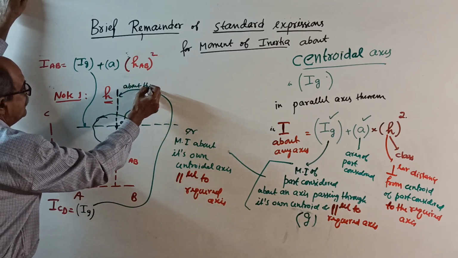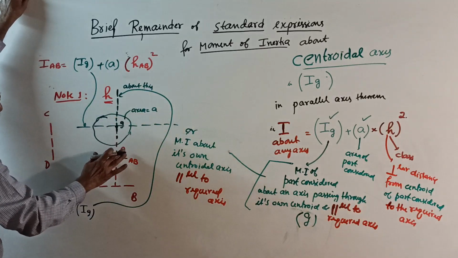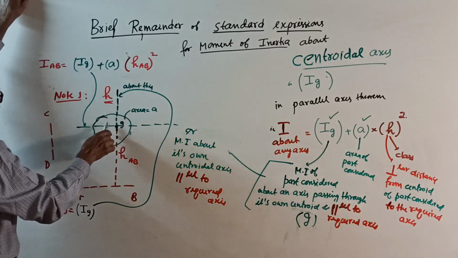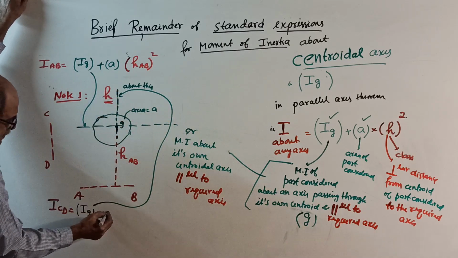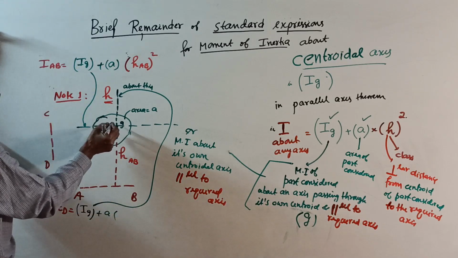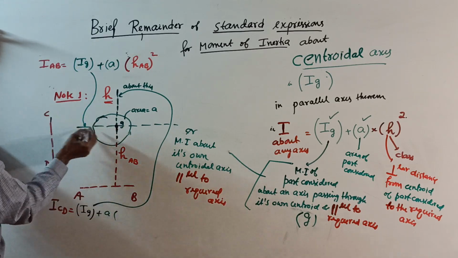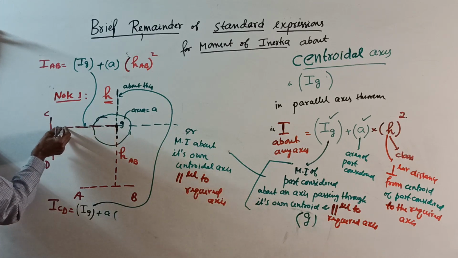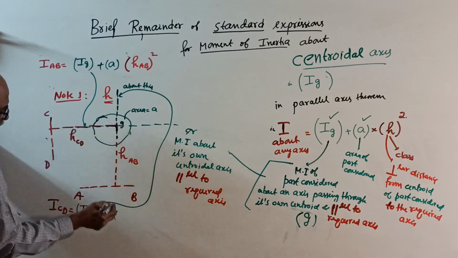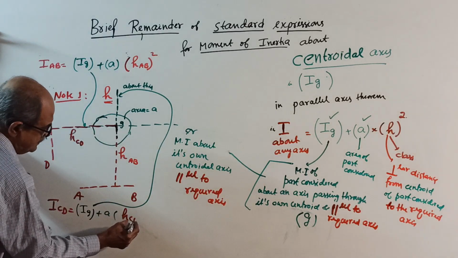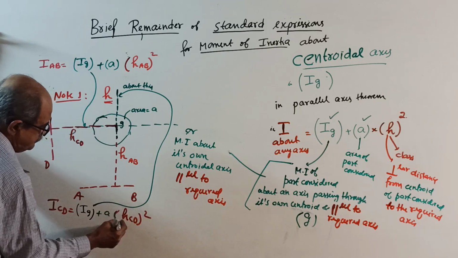I about CD is about this axis plus area into h square, from centroid to CD, h CD whole square.